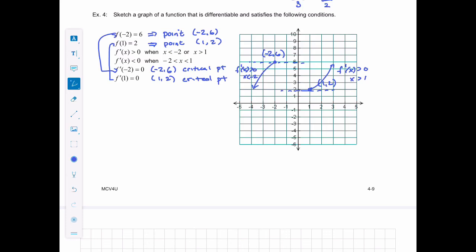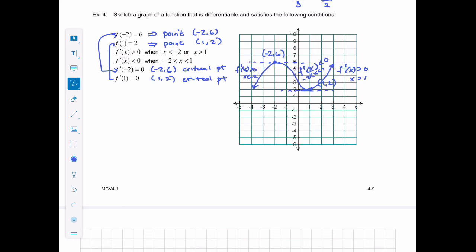The last part is saying that it's decreasing. I can draw a nice graph, but we have f prime of x less than 0 between -2 and 1. So I think that's a pretty good sketch.